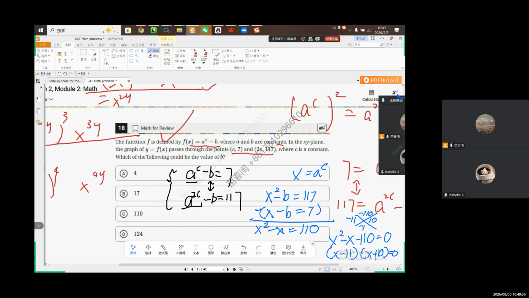Does it ever say if a is positive? Okay, so x equals 11. 11 minus b equals 7. b could be 4. Yeah, sure. It could also be, what's the other one?